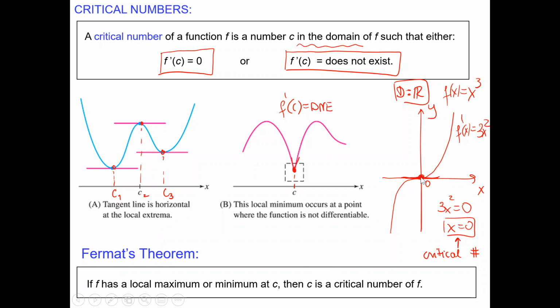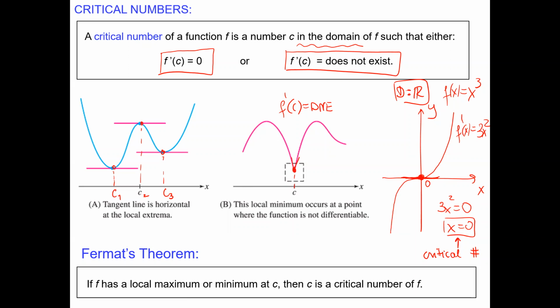If we would like to draw a horizontal tangent, that will be the point. We just have to make sure that we know that not all of the critical numbers will give us extreme values. Okay, but as mentioned, in this video we will practice just finding the critical numbers.